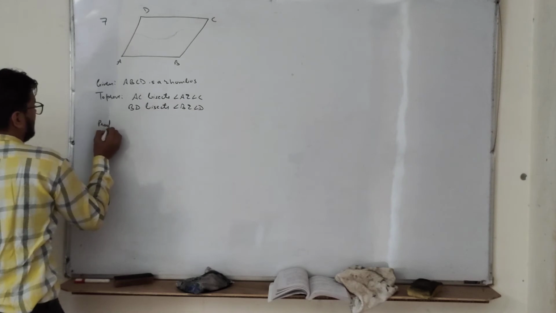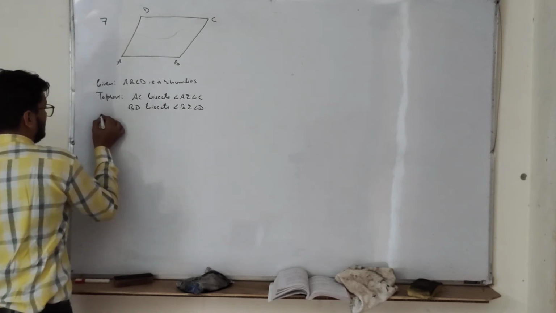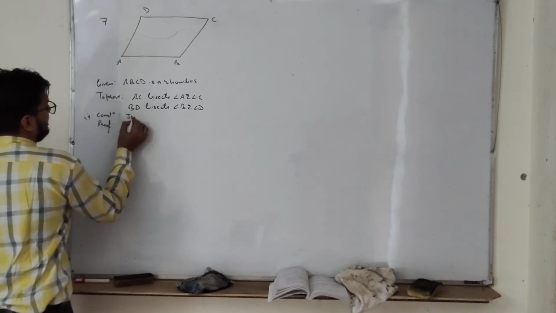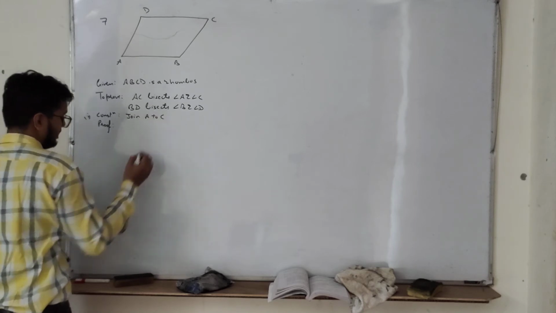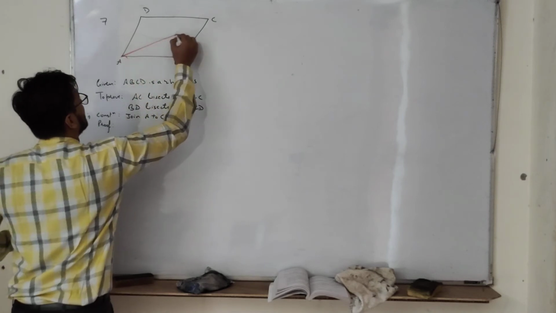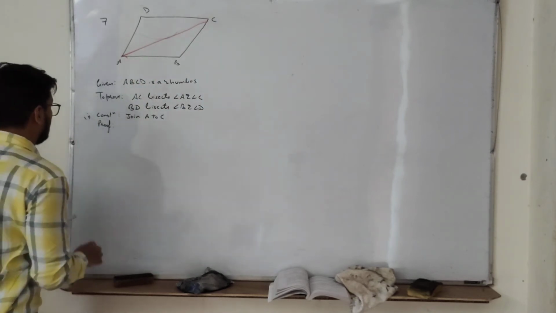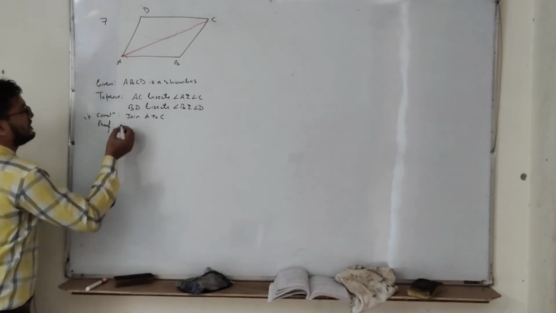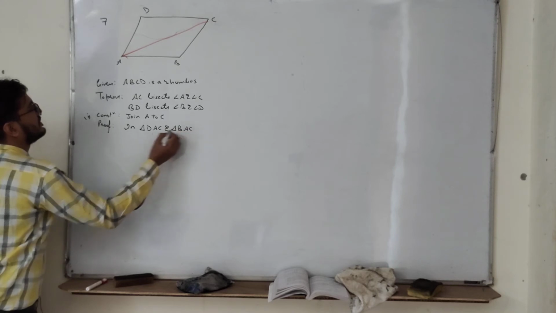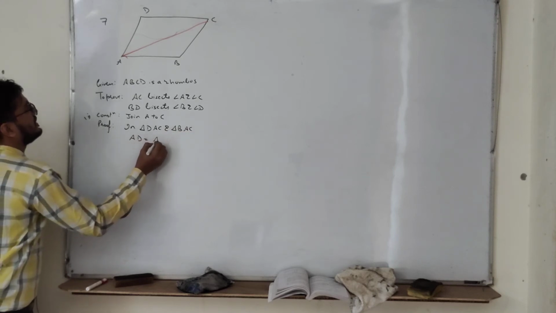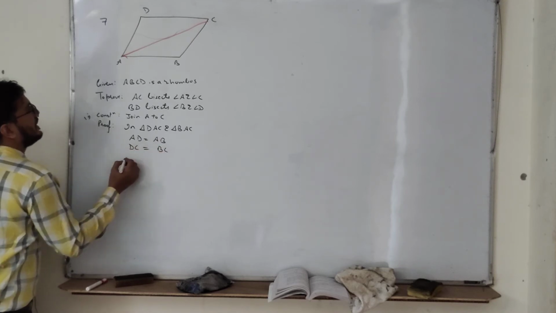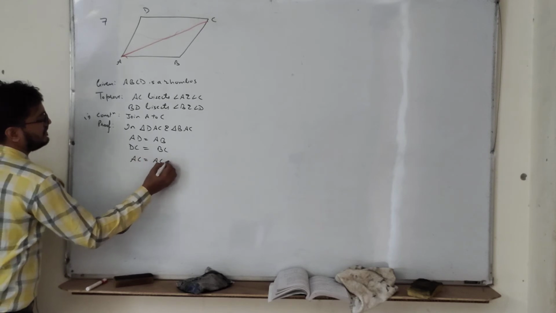Proof. So before that, construction. First part: join A to C, or we can say join AC. Let AC be a diagonal, right? Now proof. So in triangle DAC and triangle BAC, AD is equal to AB. Also DC is equal to BC and AC is equal to AC, common.